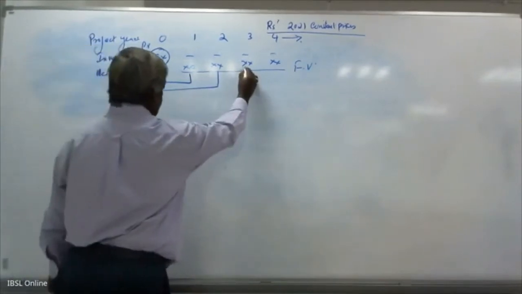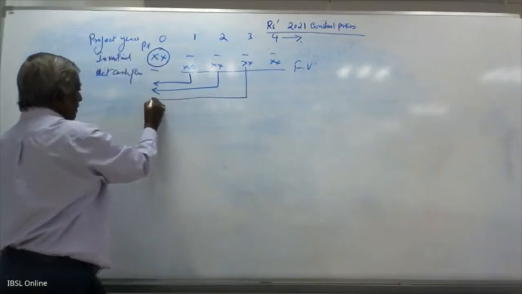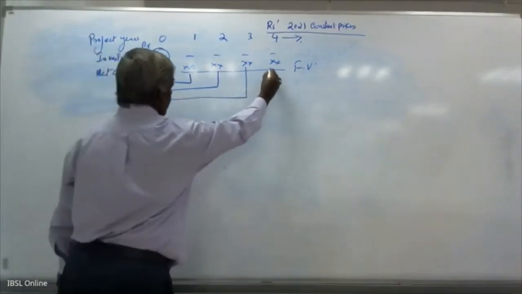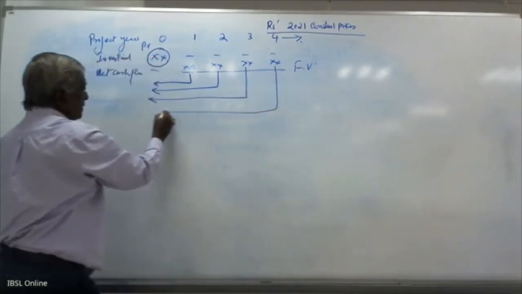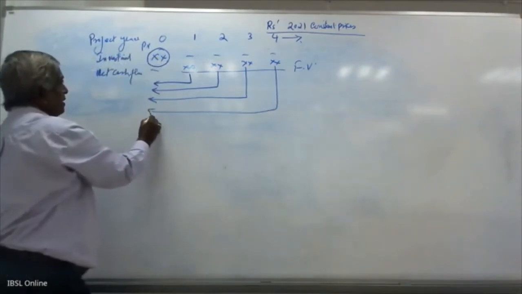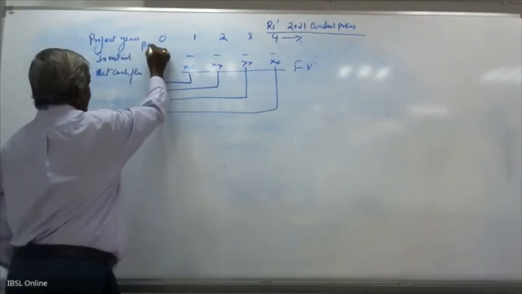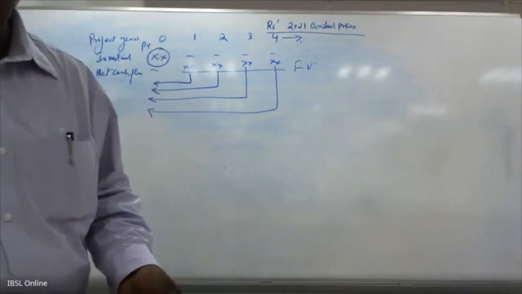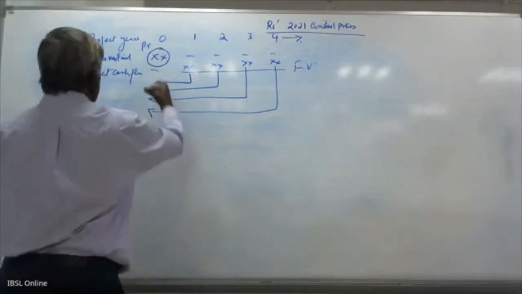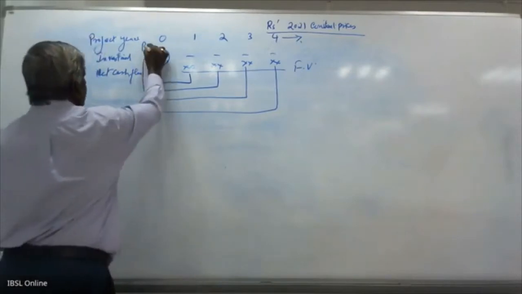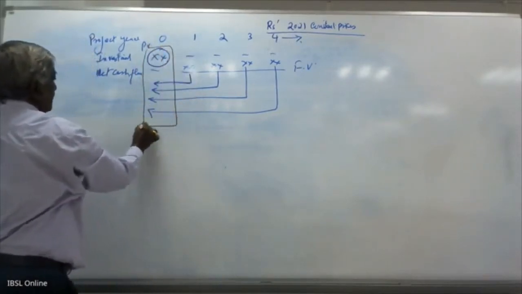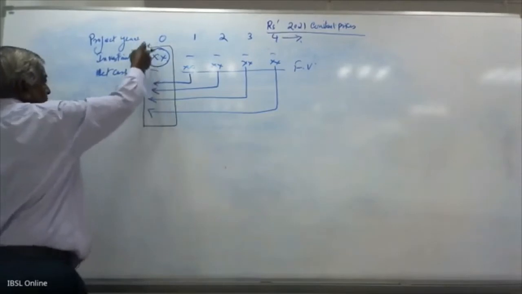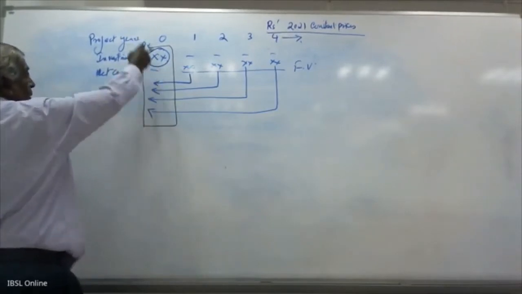Then take the net value, because all are now the same. All are now present values.